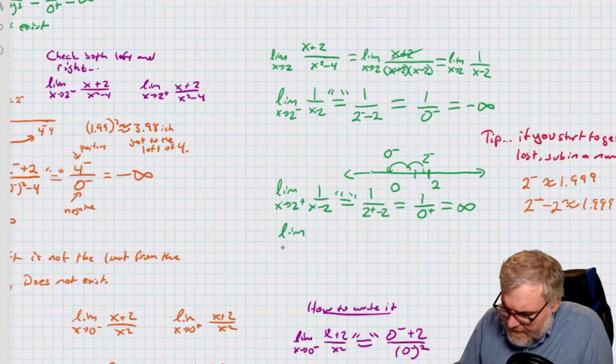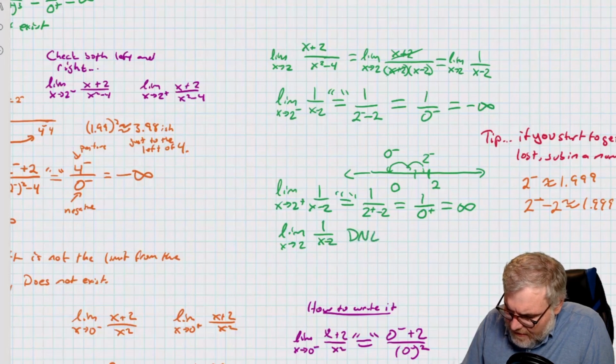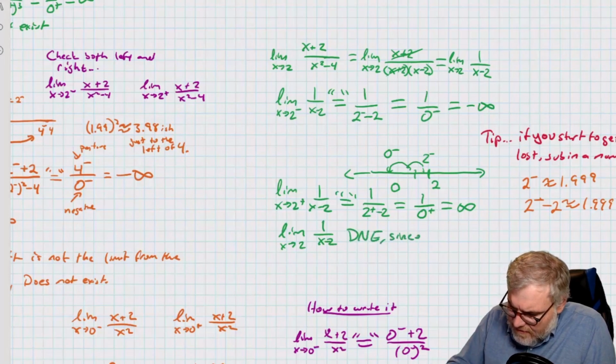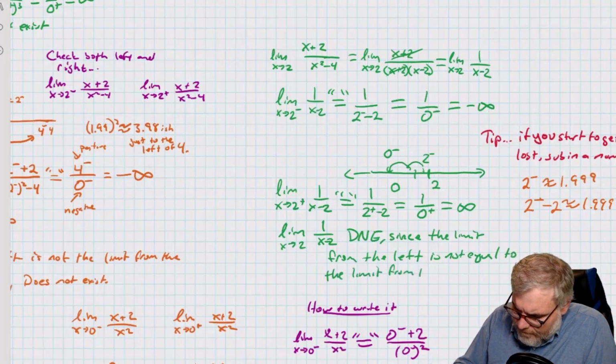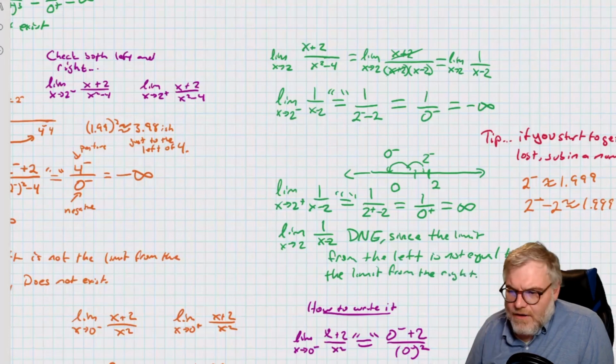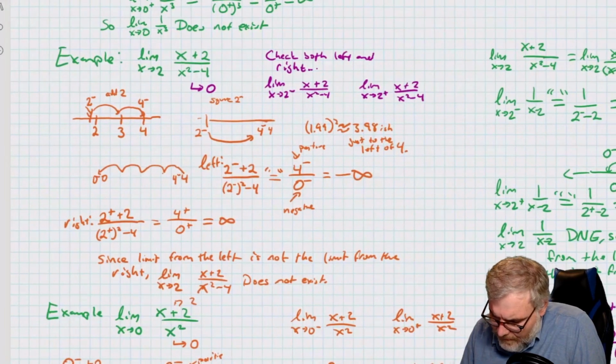The limit as x goes to 2 of 1 over x minus 2 does not exist, since the limit from the left is not the same as the limit from the right.